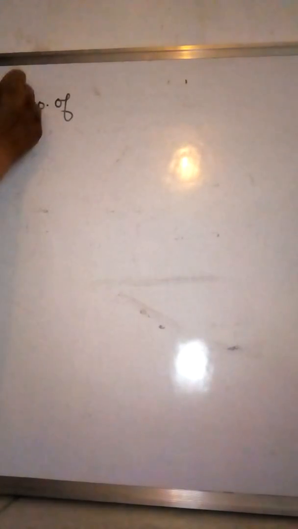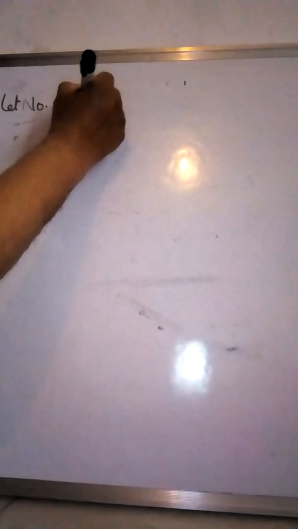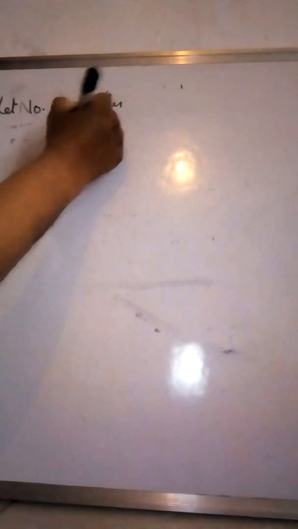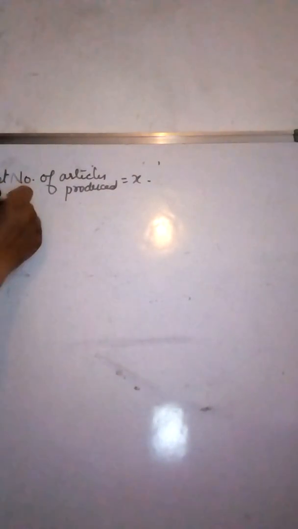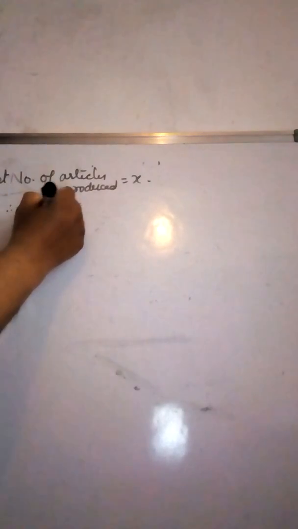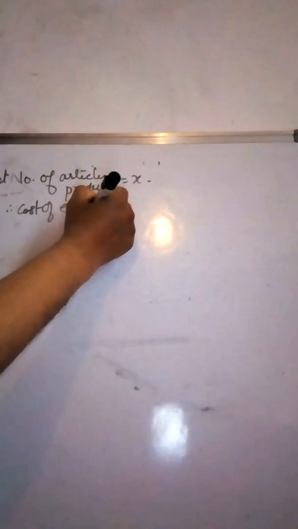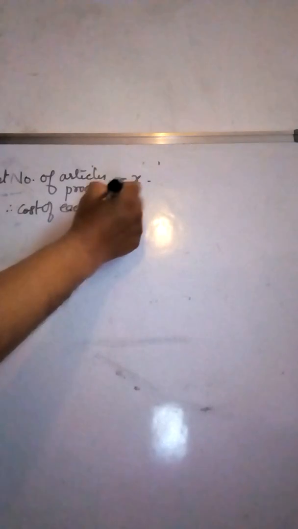So what I'll do here is, he is asking me to find out the number of articles. So first I'll take the number of articles produced is equal to x. And therefore the cost of each article. It is given that, see, I'm reading once again. A pottery industry produces a certain number of pottery articles in a day.